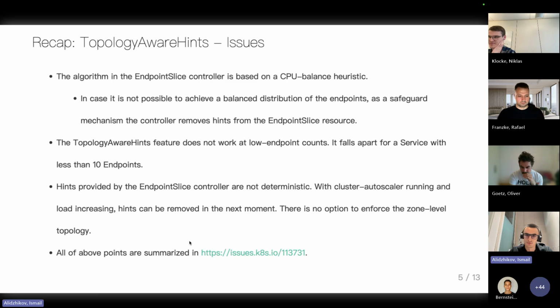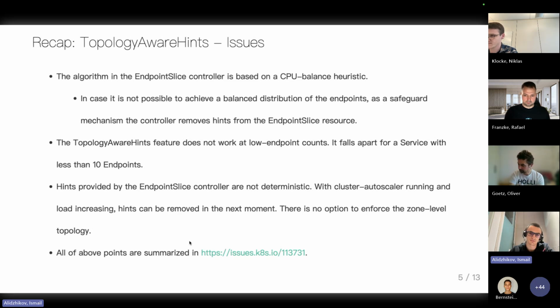It basically removes TopologyAware routing and falls back to the default kube-proxy behavior when it cannot ensure its CPU balance heuristic. You could also imagine that in a real environment, you run the cluster-autoscaler, the load is increasing, the cluster-autoscaler decides to scale up or scale down a node within a zone, and the CPU distribution across the zones changes, and at one moment you have hints, you have TopologyAware routing, and the next moment you don't.